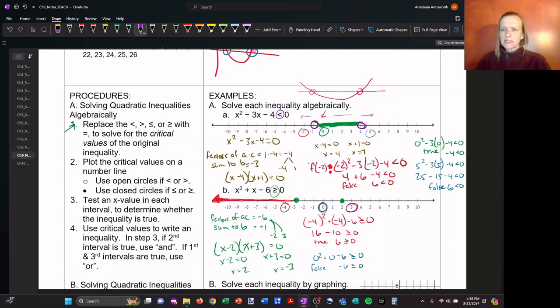And now let's test this 3 value, which I suspect I will be shading in. 3 squared plus 3 minus 6, is that going to be greater than or equal to 0? Well, 9 plus 3 minus 6, that's going to be 6. Is 6 greater than or equal to 0? Yes, it is. So I am going to shade this region up here.